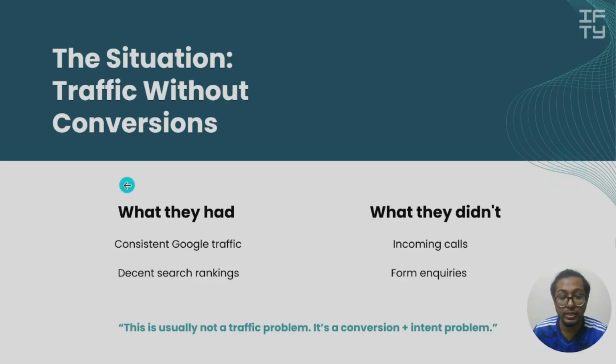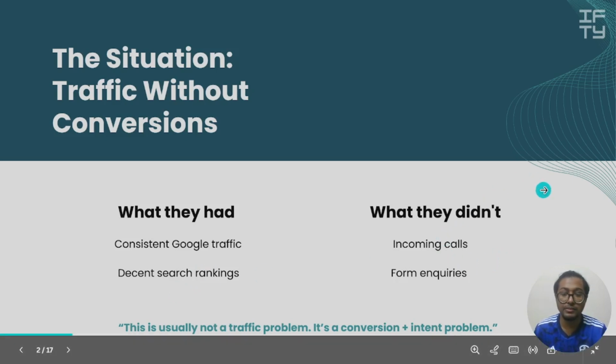Here's the situation when I first looked at this site. They had consistent Google traffic, decent rankings, but zero calls and zero form submissions. And this is where most business owners go wrong. They think traffic equals success, but in reality, it's completely opposite.